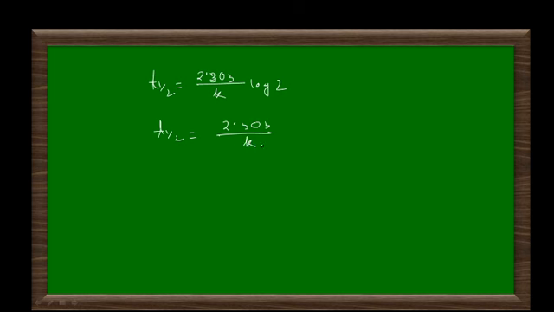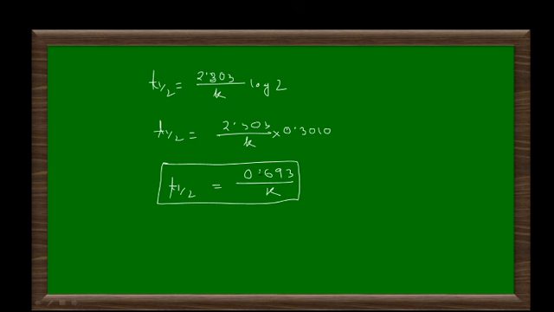The value of log 2 is 0.3010. Now t half will be, if you multiply this, 0.693 divided by K. So now this is the equation of half-life time for a first order reaction.